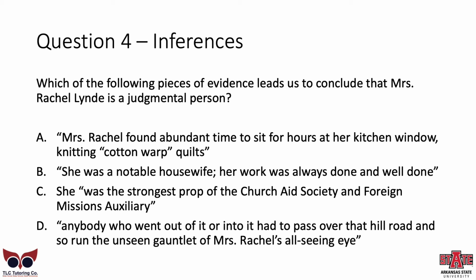Her work was always done and well done. C. She was the strongest prop of the Church Aid Society and Foreign Missions Auxiliary. Or D. Anybody who went out of or into it had to pass over that hill road and so run the unseen gauntlet of Mrs. Rachel's all-seeing eye. The correct answer is D.